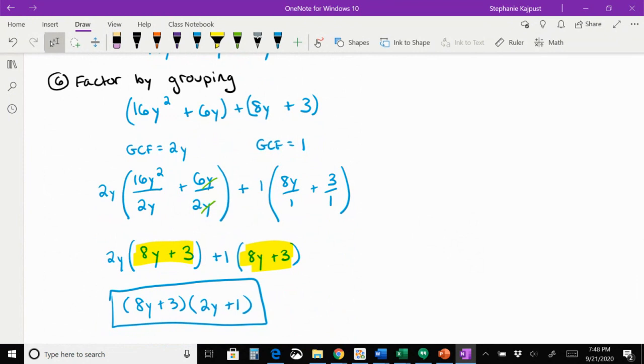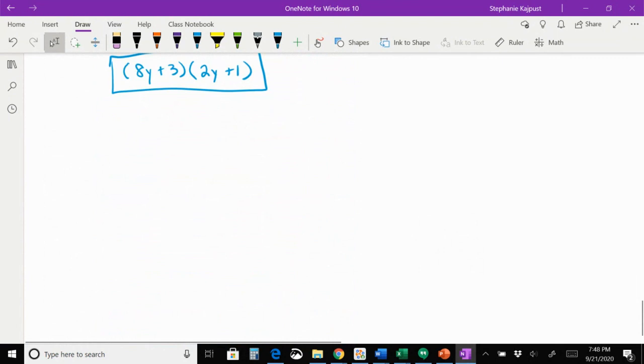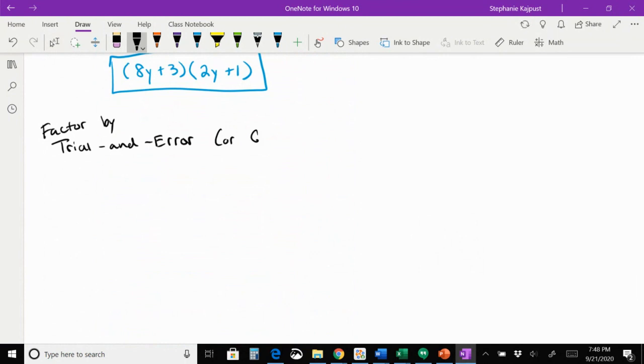So that is the AC method to factoring trinomials. And then the last method is guessing and checking, or trial and error. So factor by trial and error, or guess and check.